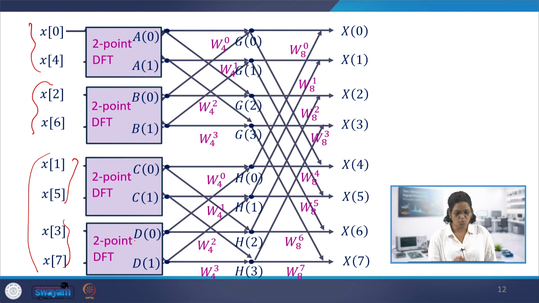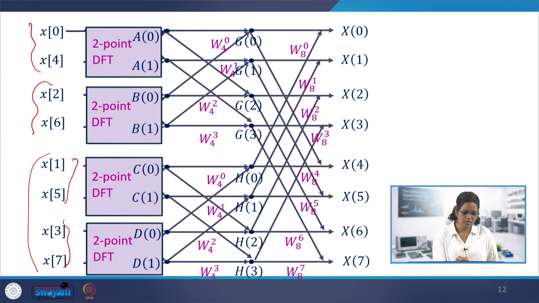So 4 2-point DFTs, and from that W40, the equation twiddle factor multiplying that butterflies 0, 1, 2, 3 of G and that stage, and the next one is H of 0, 1, 2, 3. So we can obtain these things, and the output also can be obtained from the first stage. So this was the first stage, and then second stage, and this is the third stage.